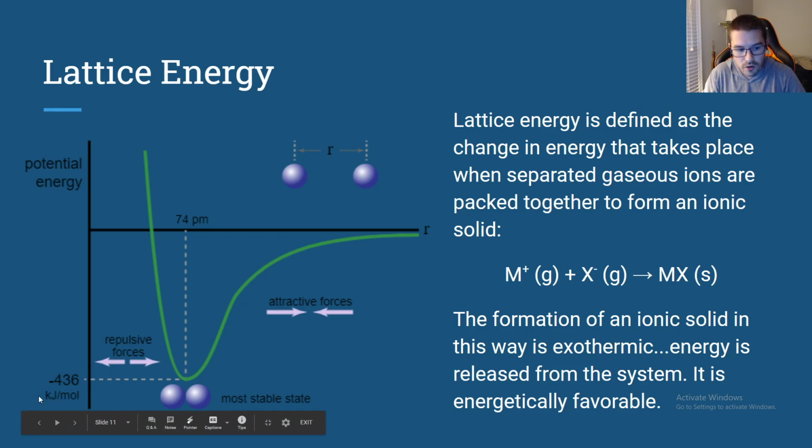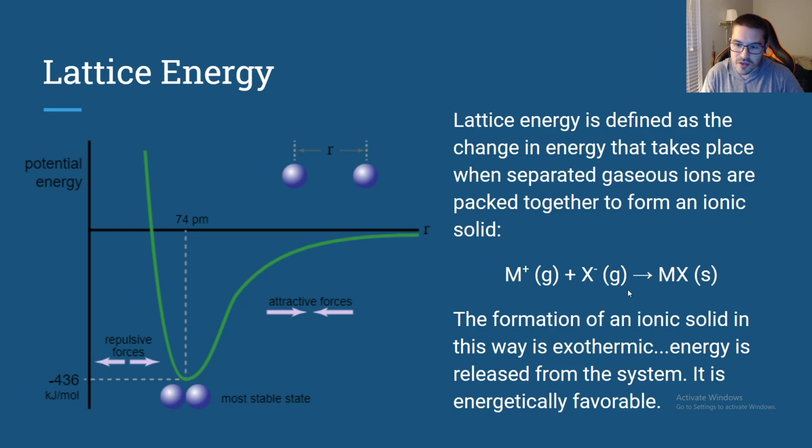This right here is essentially what the lattice energy is. It's the amount of energy that is released from the system by bringing the two ions together that were once separate, right? If I read this lattice energy definition again, lattice energy is defined as the change in energy that takes place when separated gaseous ions are packed together to form an ionic solid, right?